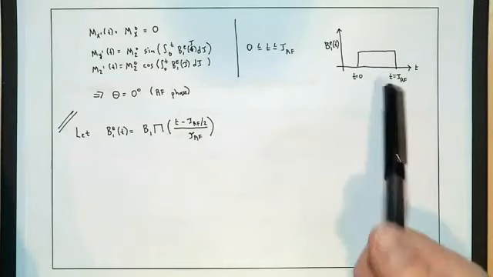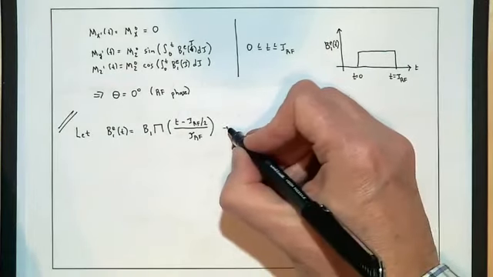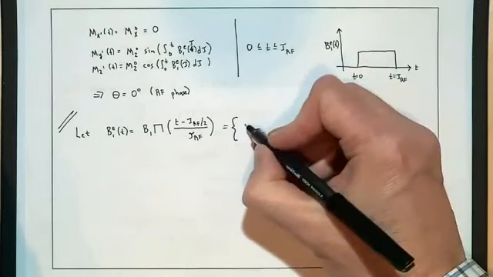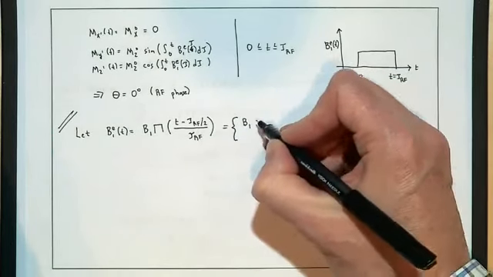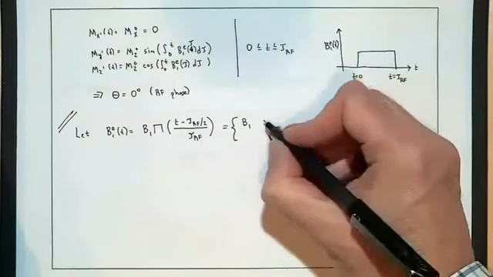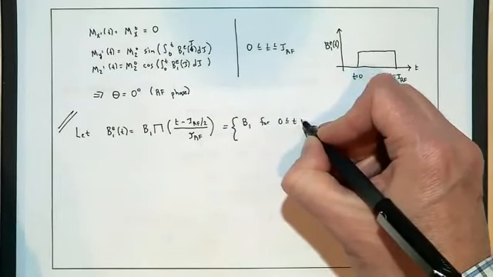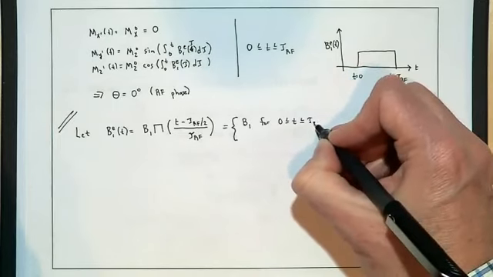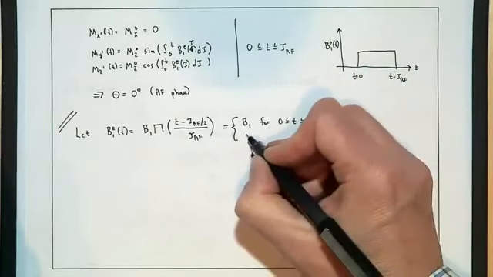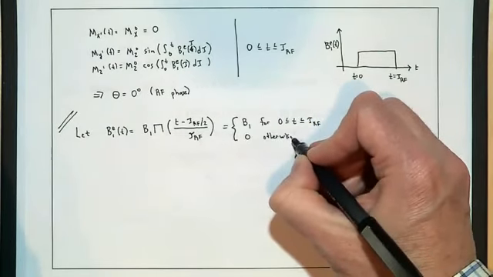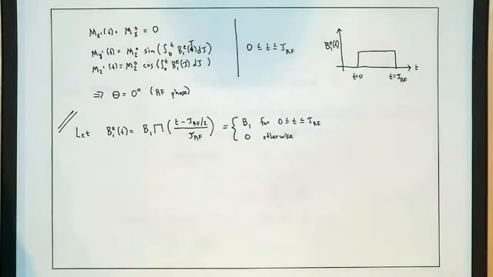That's a definition for this function, and it just means that we have a magnitude of B1 for the time interval that we care about, for 0 less than t less than or equal to tau RF, and it's 0 otherwise. This uses the same description that Lauterbur does in the Liang and Lauterbur book.